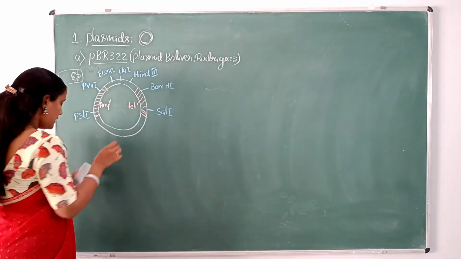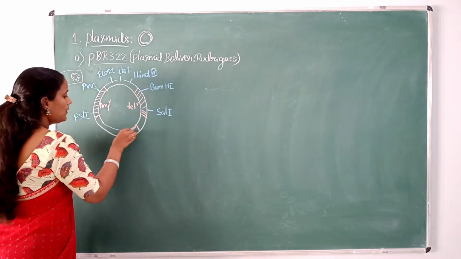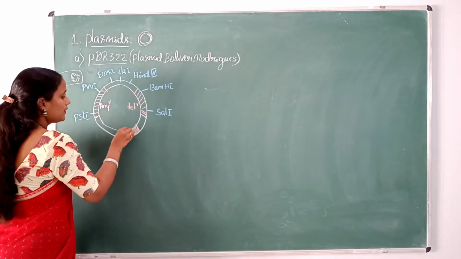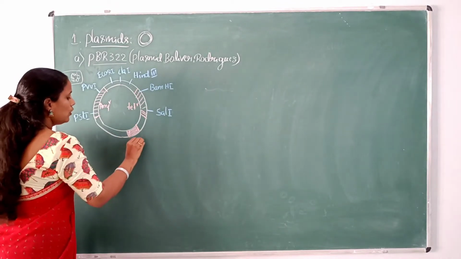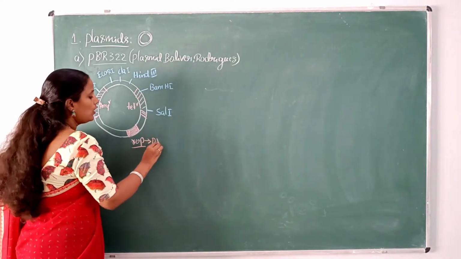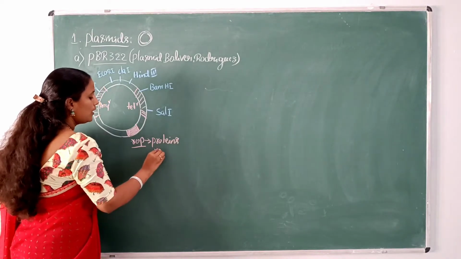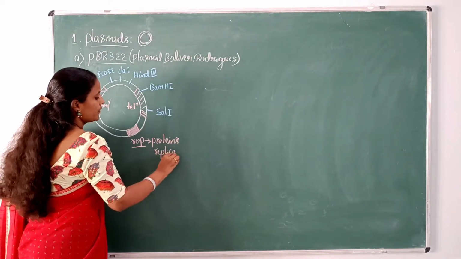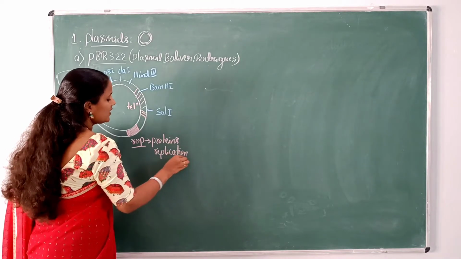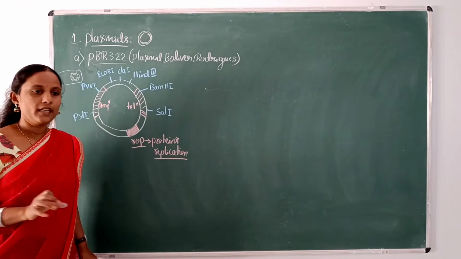Apart from this, it has a special sequence called the rop sequence, and this rop sequence codes for proteins which are necessary for replication. So the rop sequence is very important for controlling the copy number.